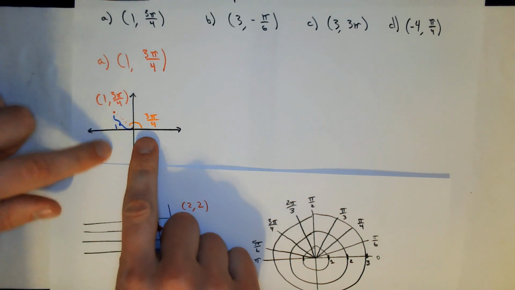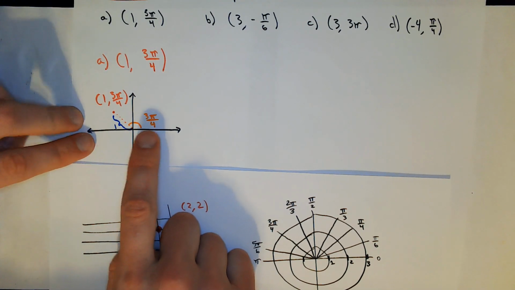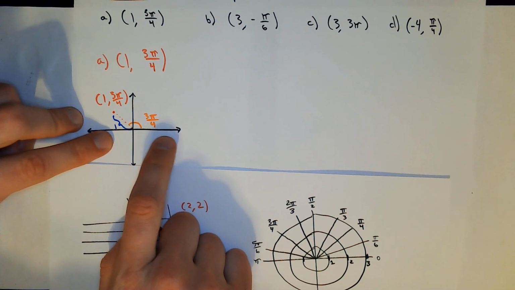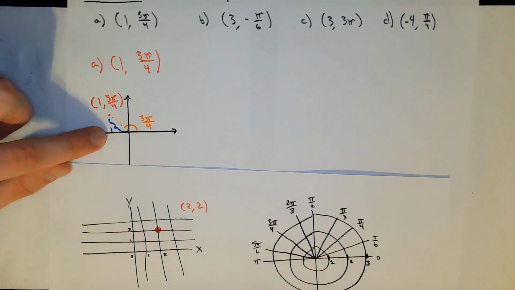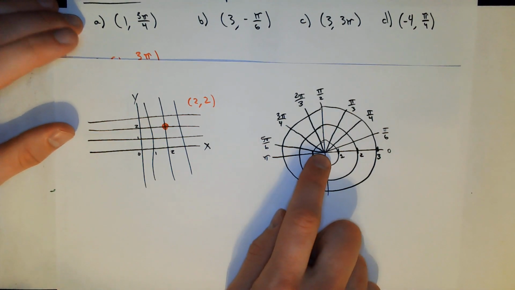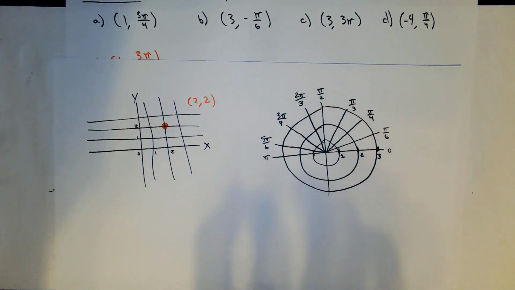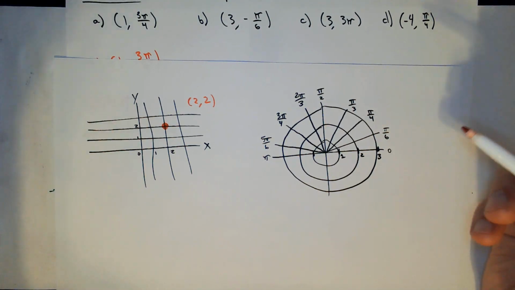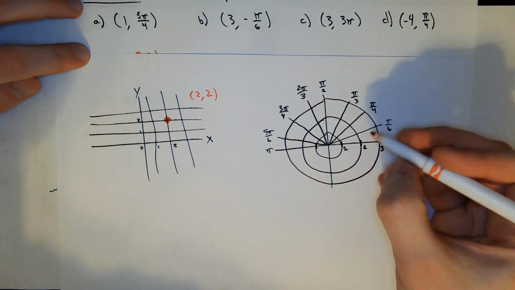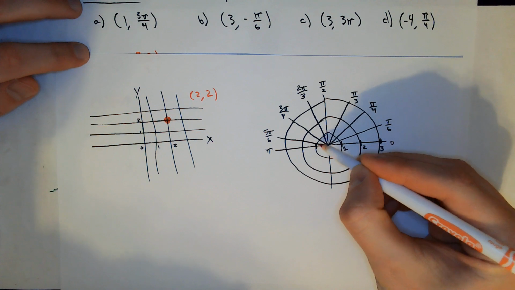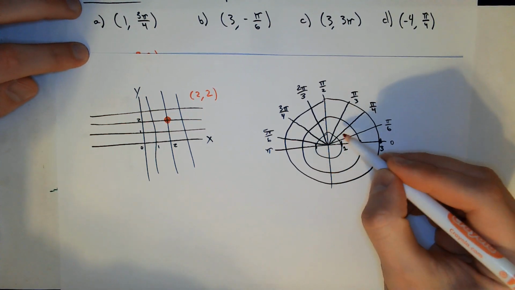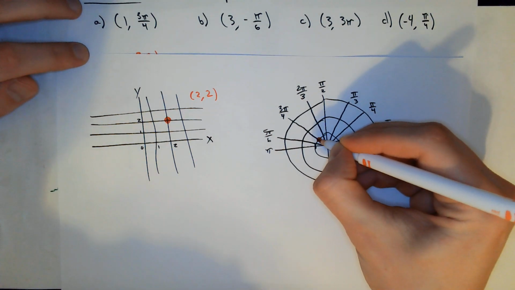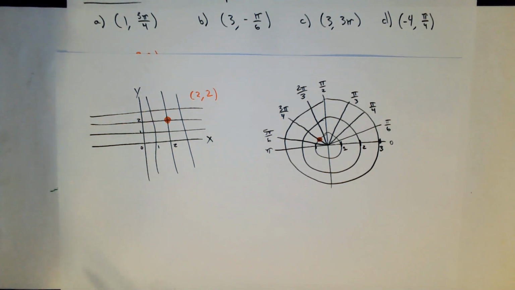Doing what I did here is even going a little bit further to make sure you understand that this is the angle and that's the radius, the radial distance there. But if you have grid lines, then there is one correct place to put this, and for the one we just did, it's a radius of 1, so we're looking on this innermost circle here, and at an angle of 3 pi on 4 right there.